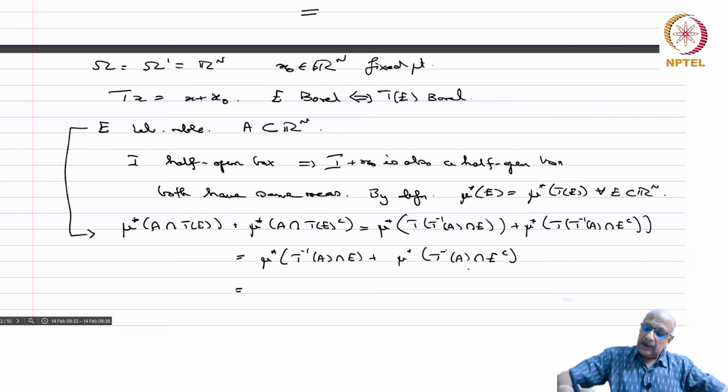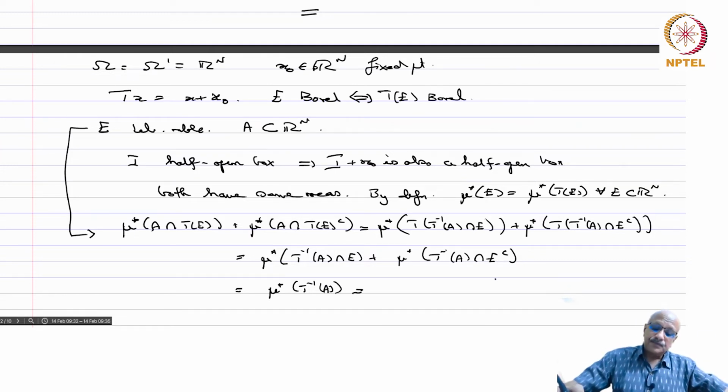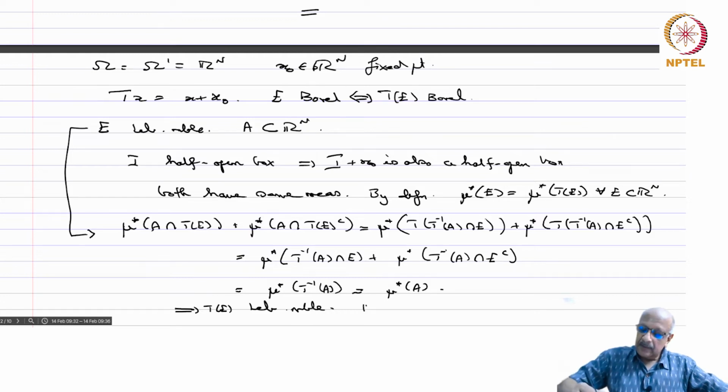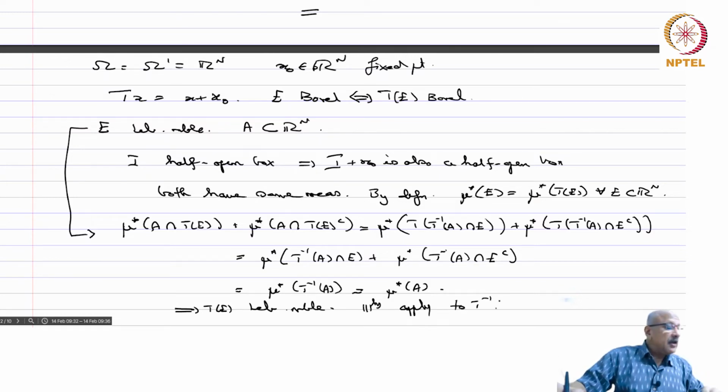But since E is Lebesgue measurable, this is mu star of T inverse of A, and T and T inverse are both translations, and therefore this is the same as mu star of A. So this implies that TE is Lebesgue measurable. Similarly, apply to T inverse. Okay, so then we have proved the following theorem.